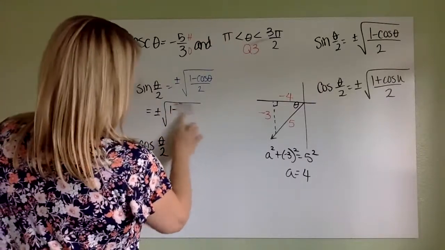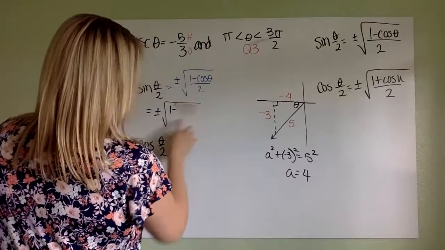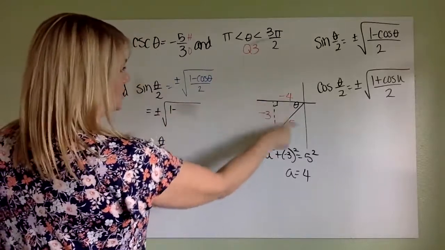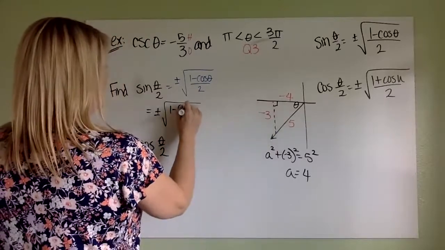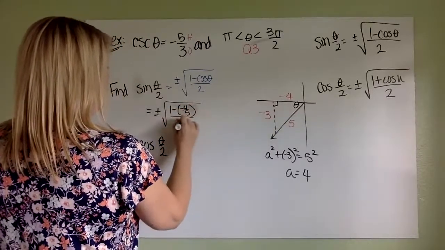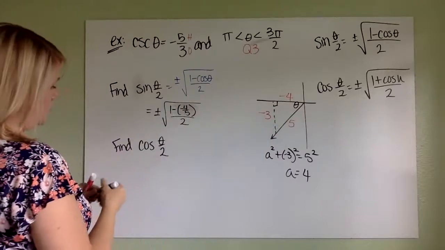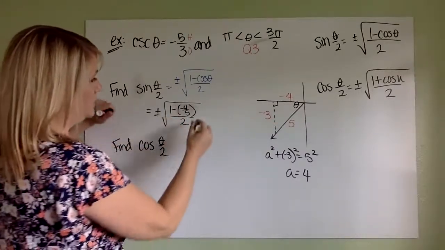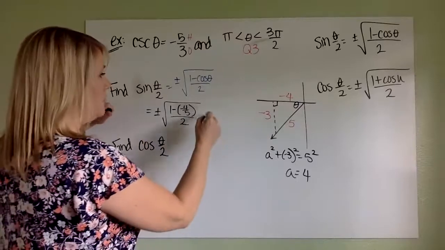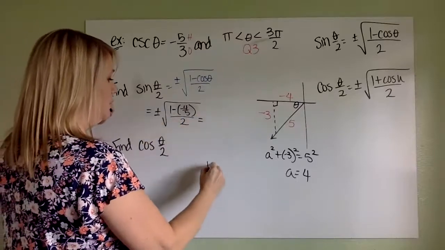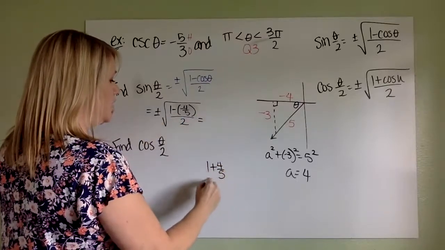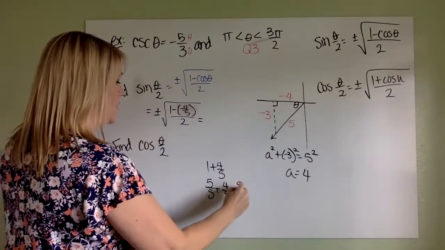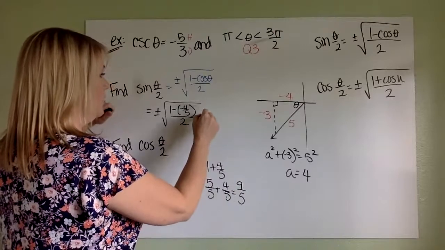The cosine is negative 4/5, adjacent over hypotenuse. So this math right here, 1 minus a negative 4/5 is the same as 1 plus 4/5. And 1 plus 4/5 is the same as 5/5 plus 4/5, so 9/5.